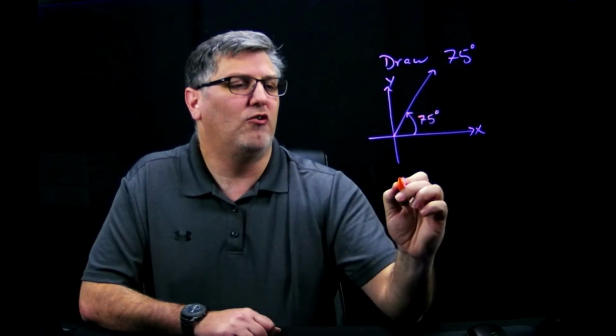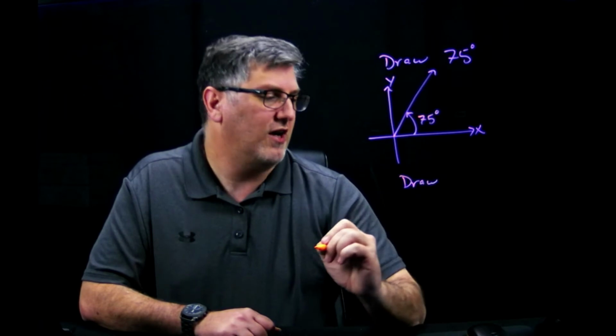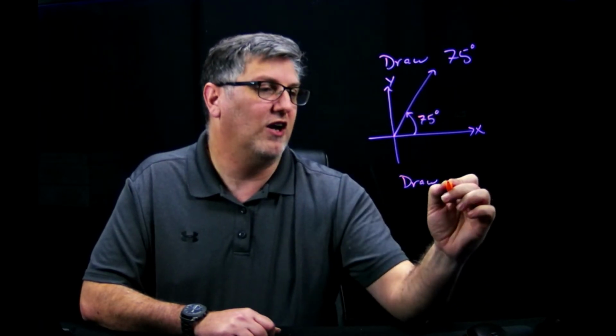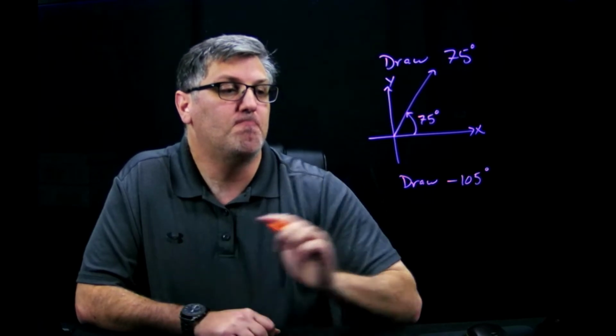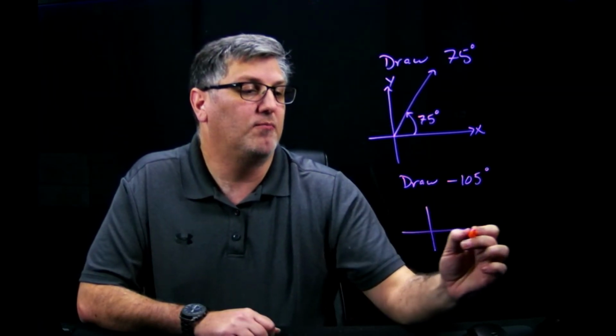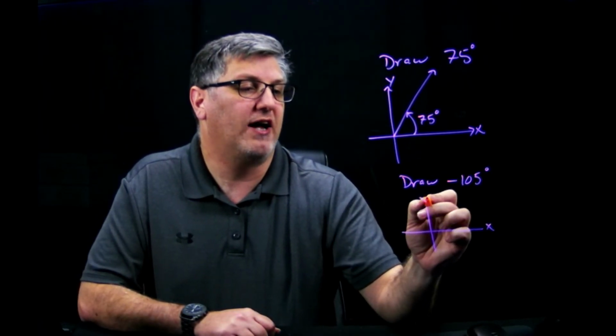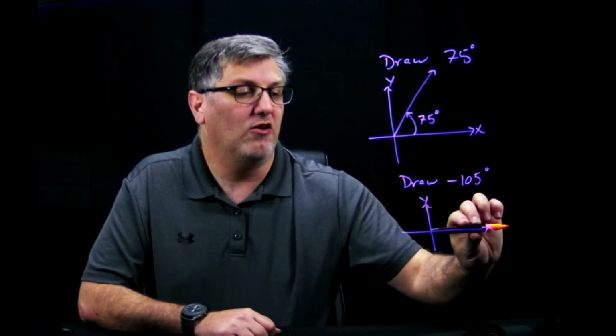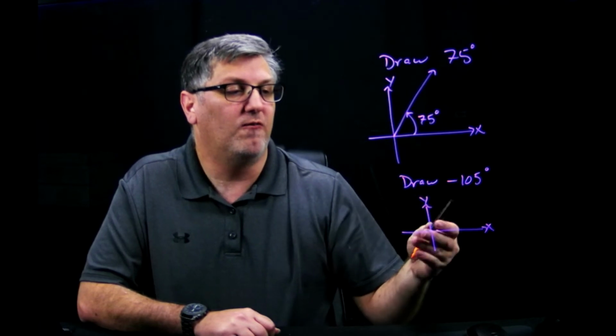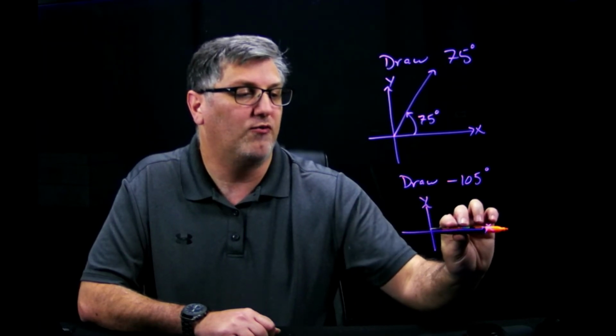Now, we'll say I wanted to draw an angle in standard position, which is a negative 105 degrees. Well, that's simple enough. We'll draw in our x and y axis. The negative means I'm rotating clockwise 105 degrees. So let's see, I'm going to rotate from here.